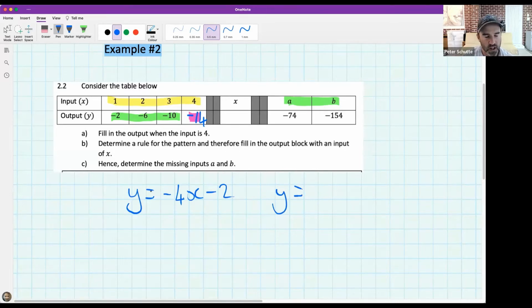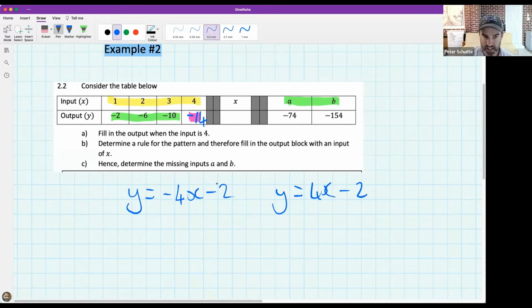What do you think it is? So I either think y equals -4x -2 or 4x -2. I'm not sure which one it is. Okay, so that's your two options. No, that's fine. That's fantastic. Now I'll ask someone else what they think. But I think you're pretty close.